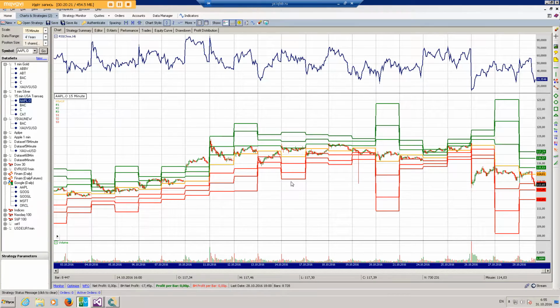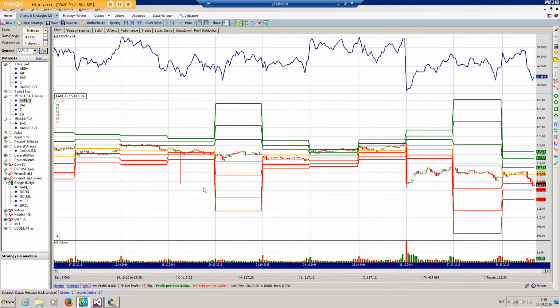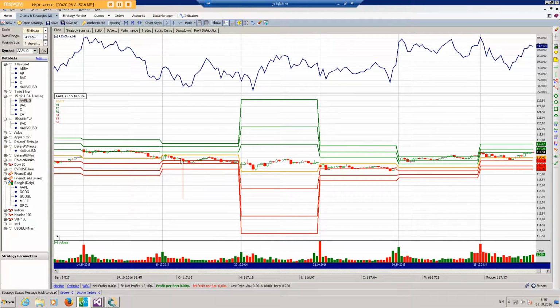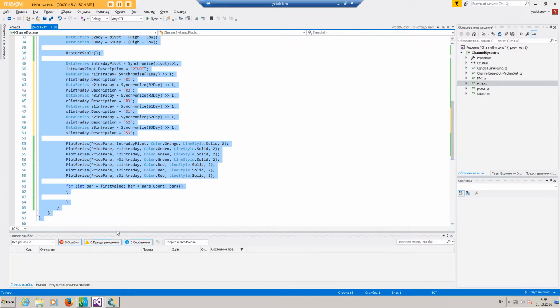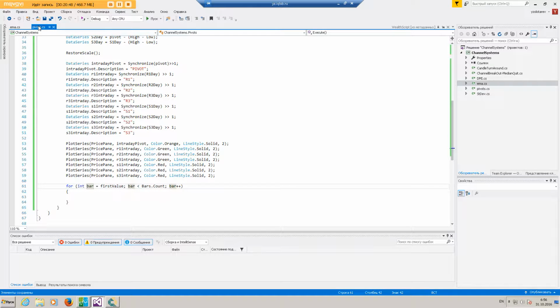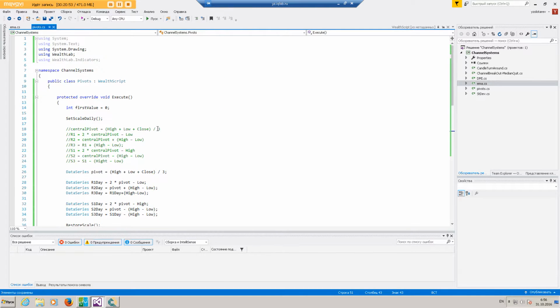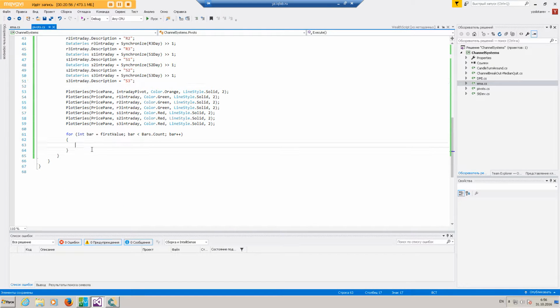So we're gonna buy or sell whenever we break through the pivot line, and we're gonna take profit on the R1 or S1, and our stop would be somewhere below, the other way around. That's it. Just for the sake of this 30-minute series. This is more of a coding series, not a strategy building series. So this series is more to get to know the code, how to code the system.